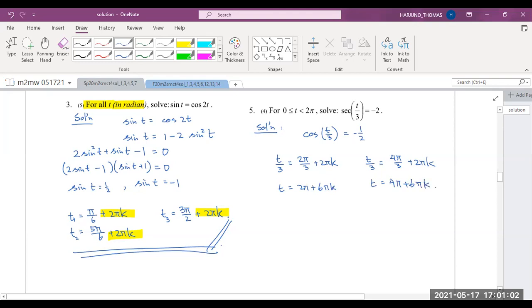So the question is actually not too hard, right? Okay. Yeah, but you see when k equals 0, it's already outside. Right? Okay. So no solution in the interval from 0 to 2 pi.